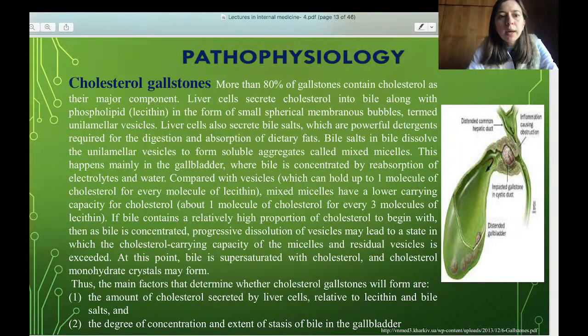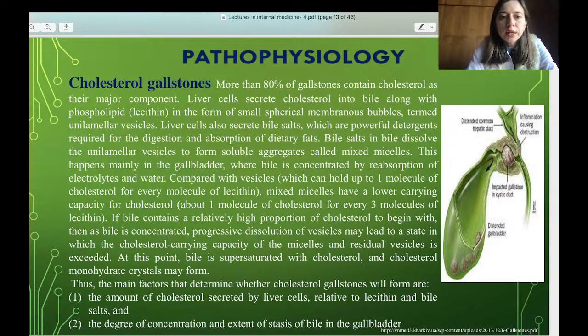This happens mainly in the gallbladder, where bile is concentrated by reabsorption of electrolytes and water. Compared with vesicles, mixed micelles have a lower carrying capacity for cholesterol.